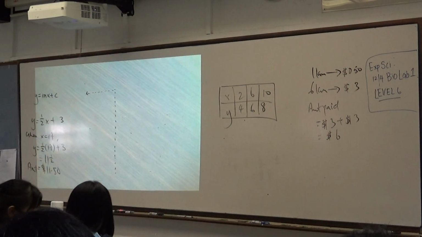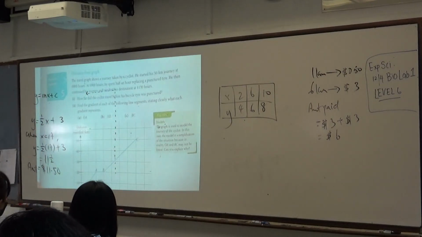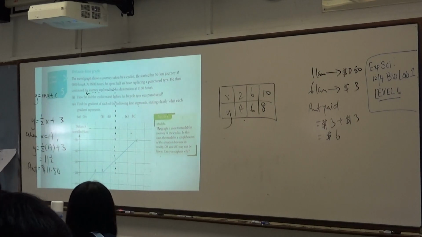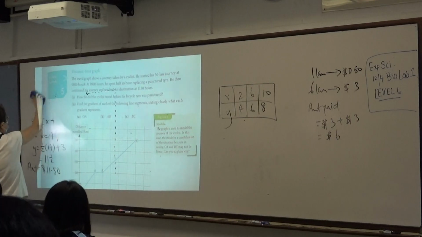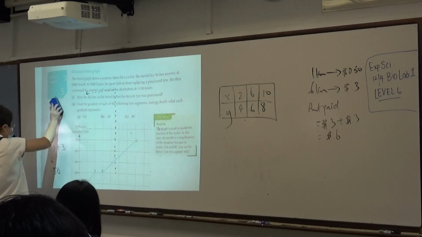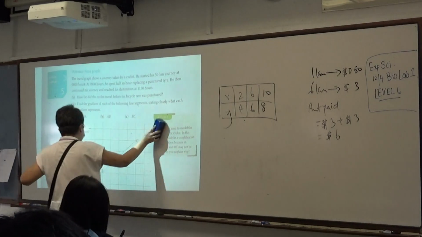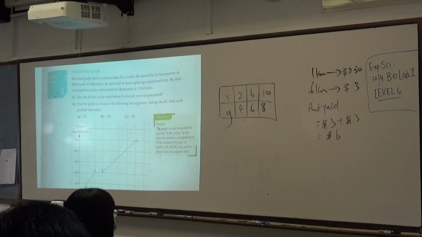Next, we go on to example 5. Then all of you look at example 5. This is the second example that we have. Alright. Then I'm going to go through some of the questions that I asked you to try out. The travel graph shows a journey taken by a cyclist.